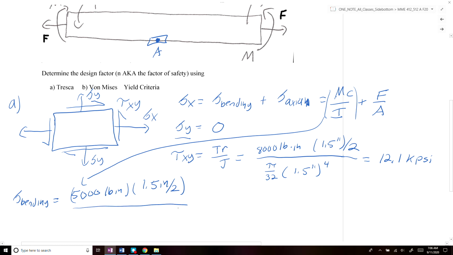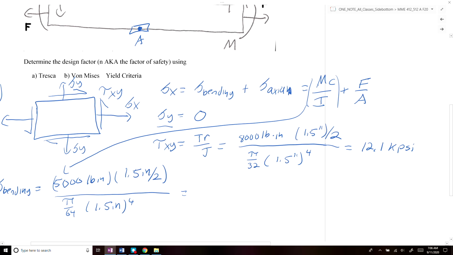In the denominator, we would have pi over 64 times the diameter to the fourth. If you do all that out, we get 15.1 kpsi.